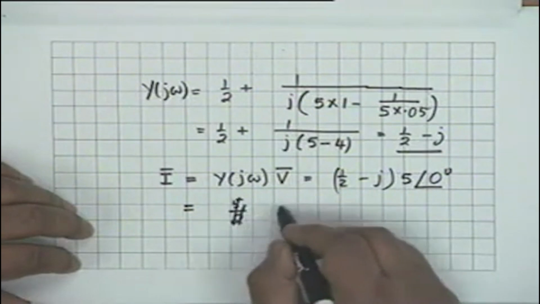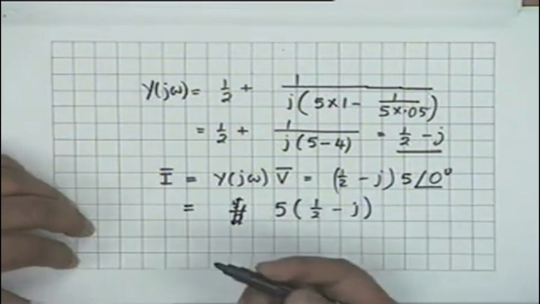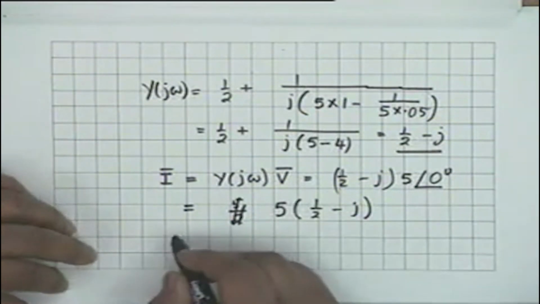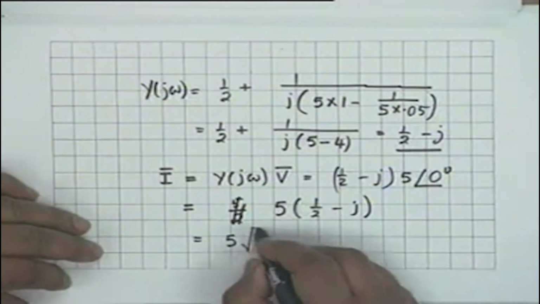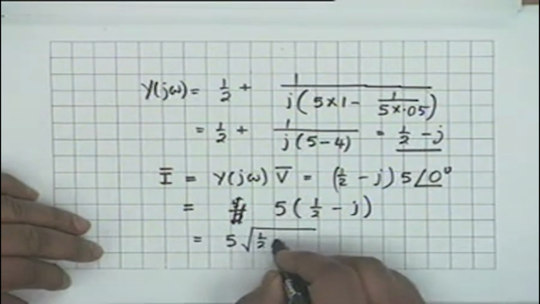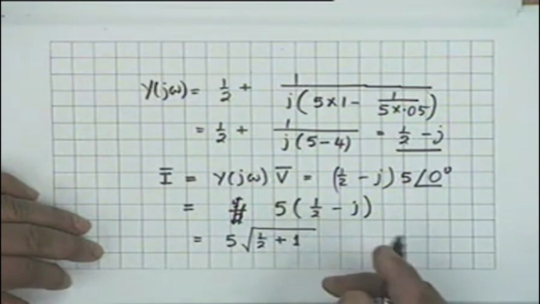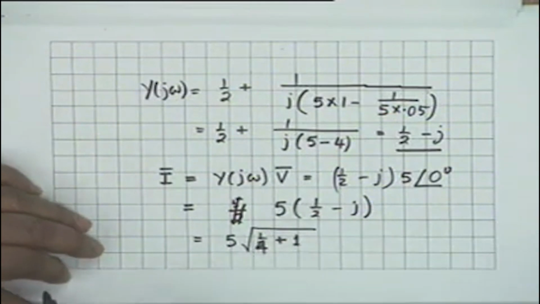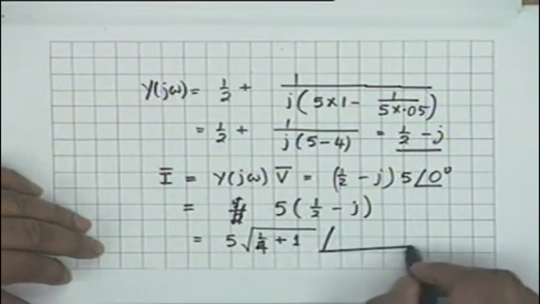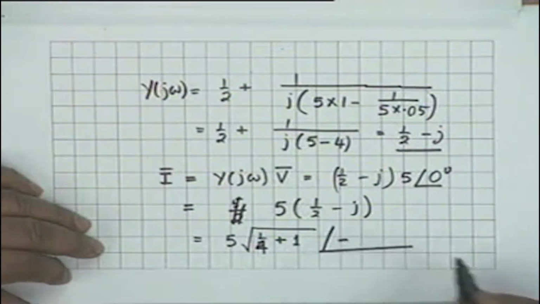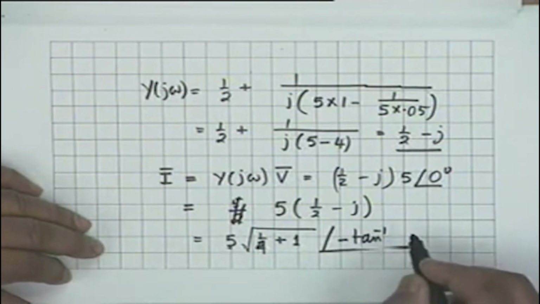Angle 0 degrees does not contribute anything, and therefore its magnitude is 5 times the square root of one quarter plus 1. And the angle is minus tan inverse of imaginary by real, so minus tan inverse 2.